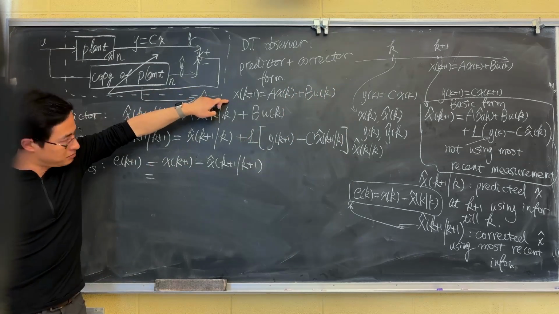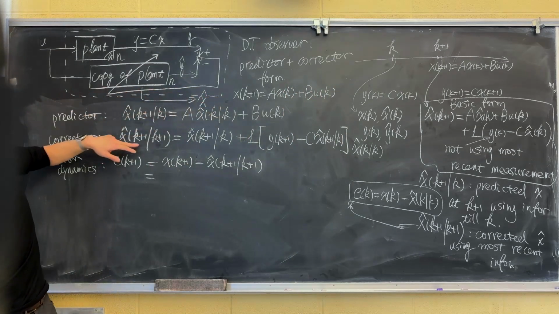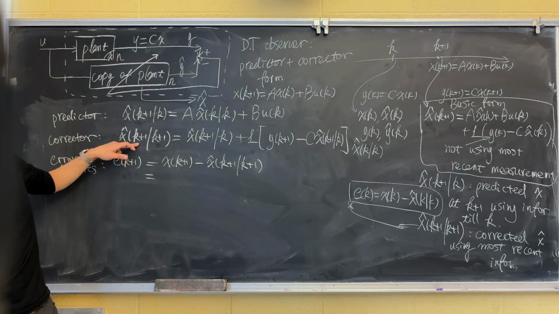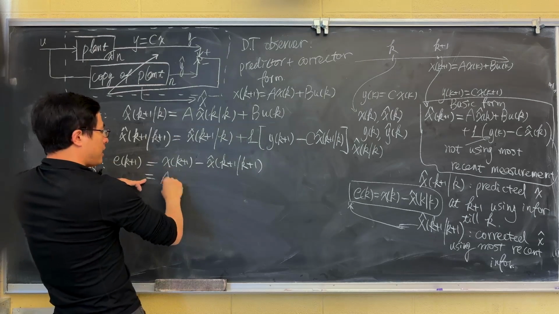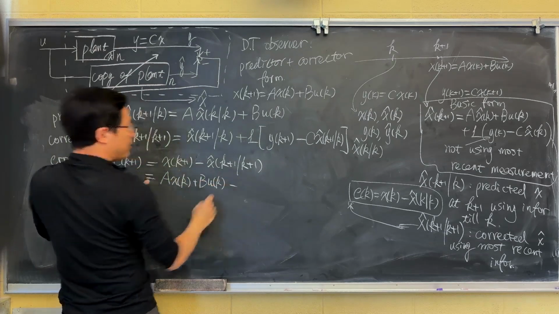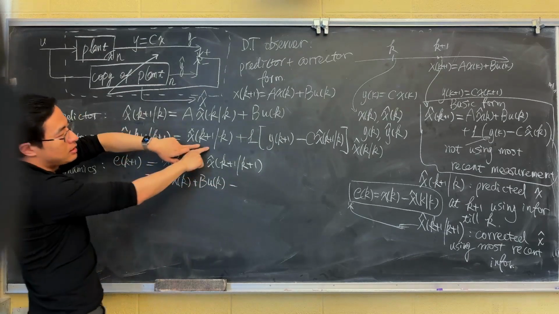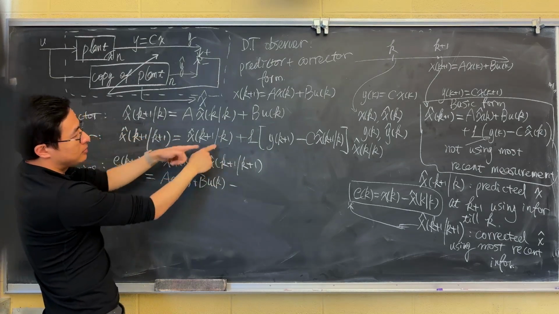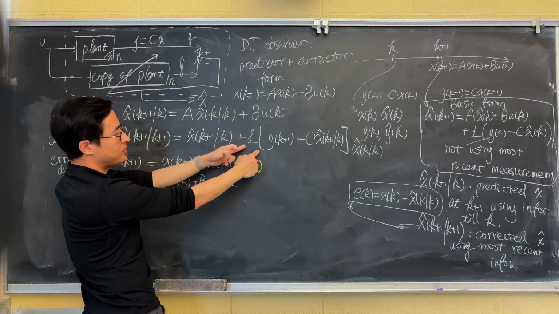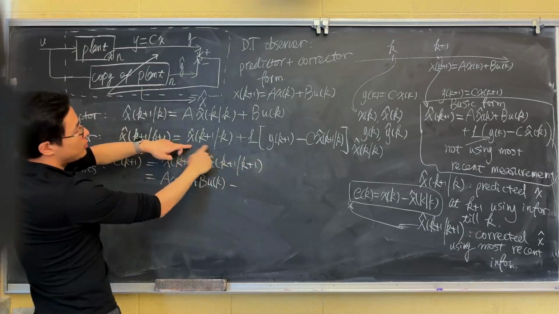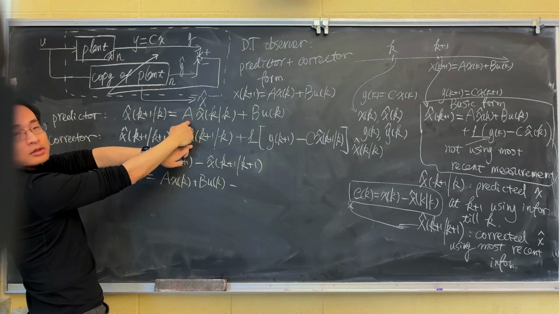This equation subtracts this equation, which is going to equal A x k, minus this. So minus this one first, and then minus this one. So minus two things.